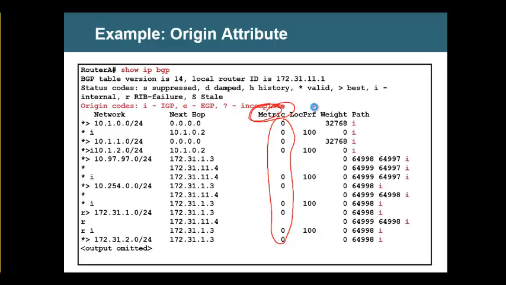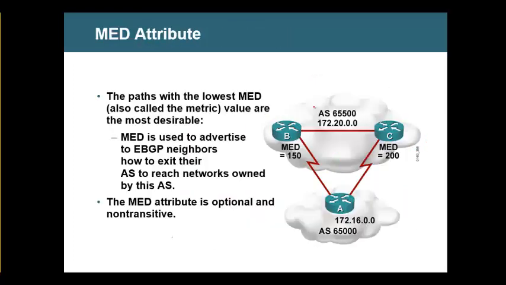What it is? You see, router A has got multiple exit to reach this network. It can go this exit or it can go this exit.